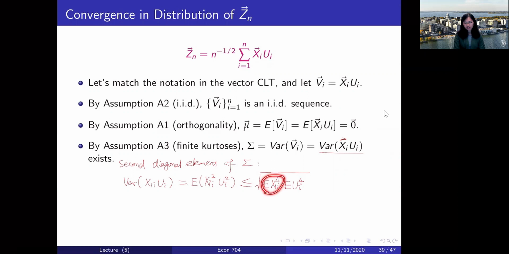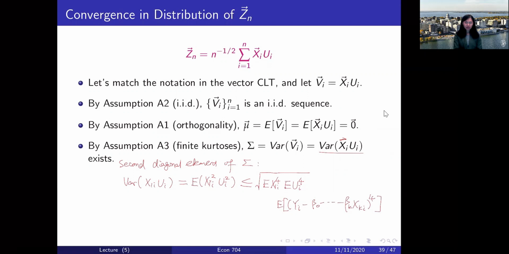The finite kurtosis assumption will also imply that this is finite. The reason is that ui is yi minus beta 0 minus beta k xki, to the power 4.